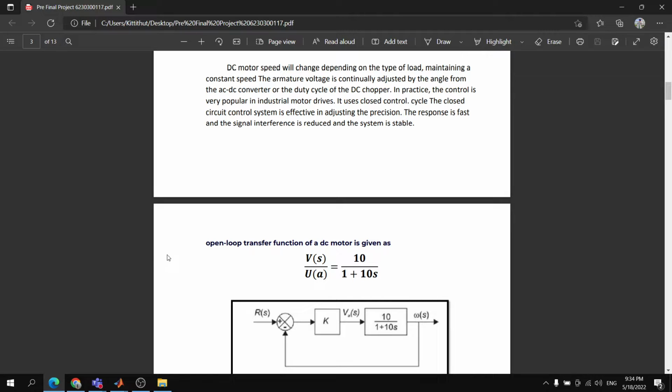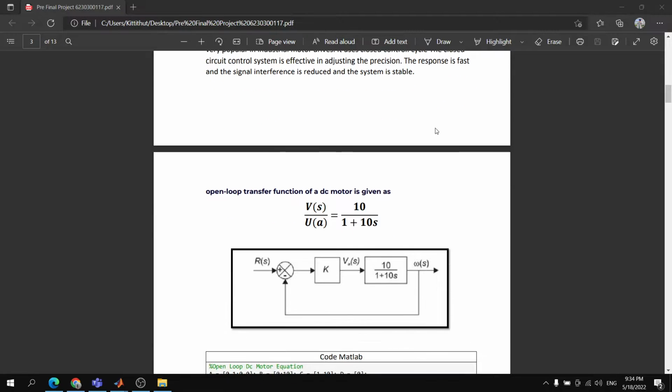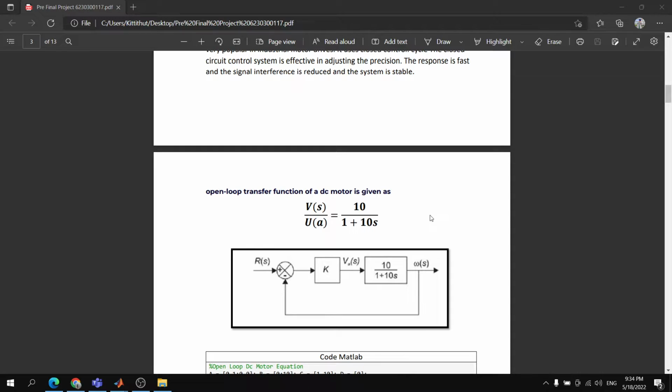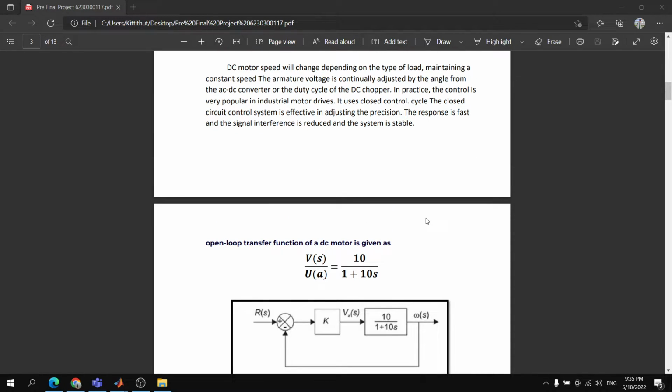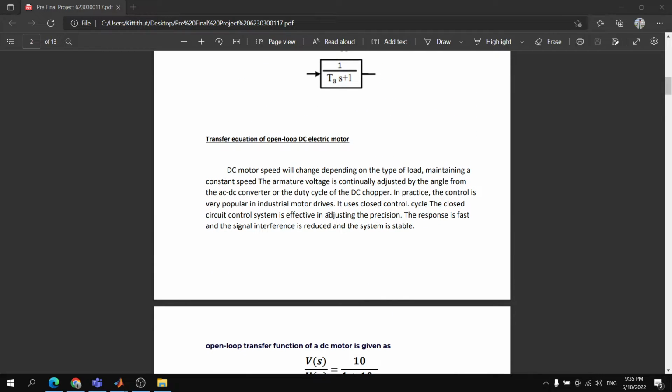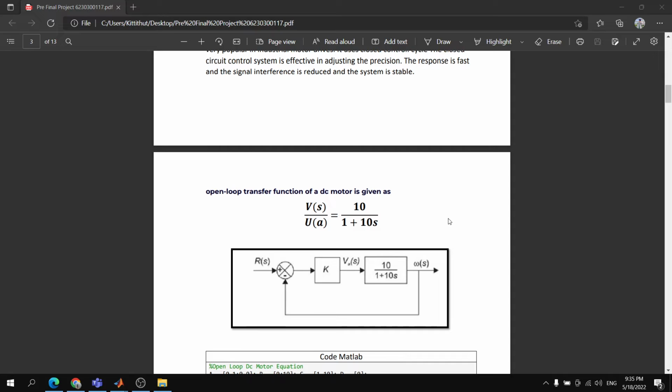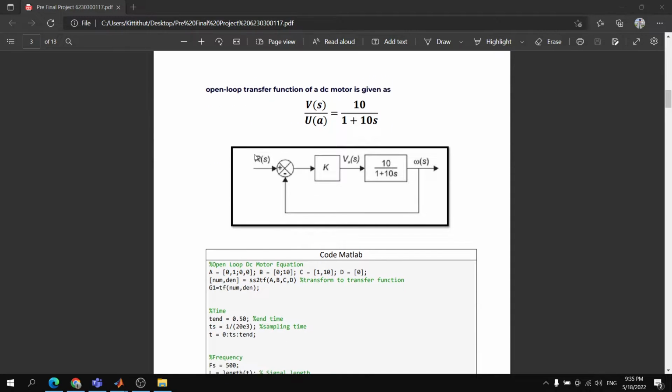It uses a closed control cycle, the closed circuit control. The closed circuit control system is effective in adjusting the response precisely and quickly, the signal interference is reduced, and the system is stable.